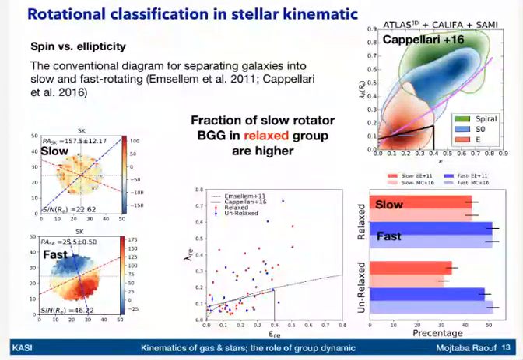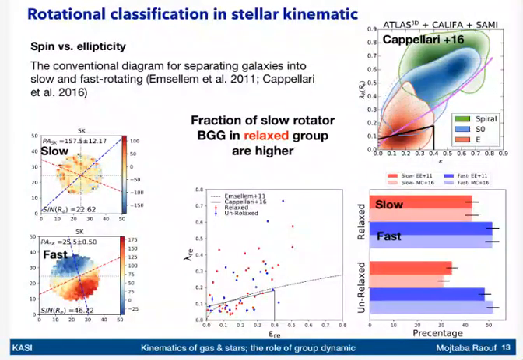You can see in the map of the spin ellipticity relation, which we estimated within the effective radius, which we can clearly see in the bar chart. In the bar chart, the fast and the slow rotator BGGs based on two different methods.